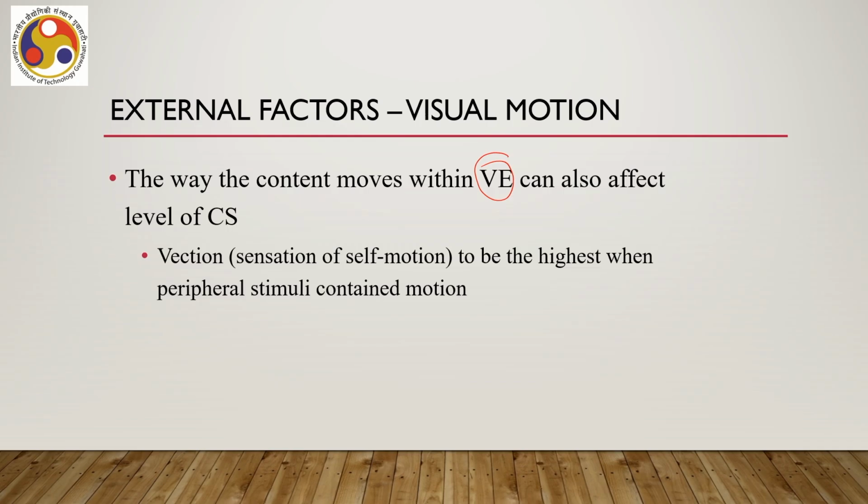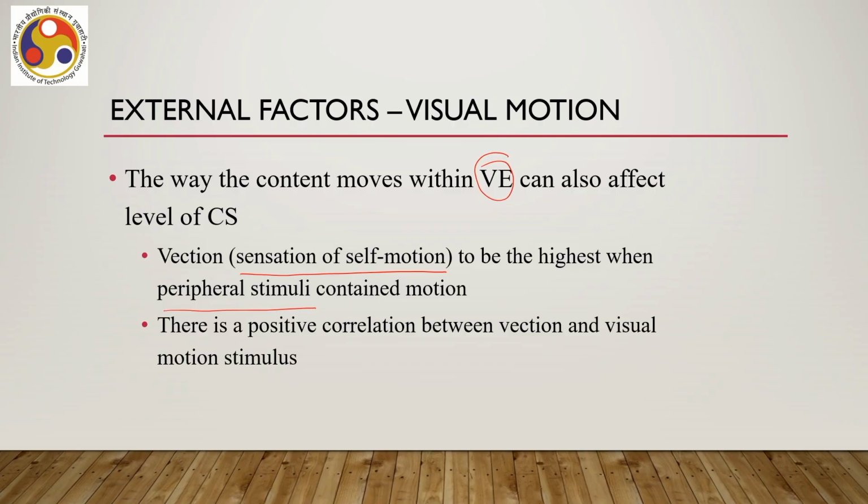Vection, or the sensation of self motion, is the highest when we sense motion in peripheral stimuli. So, if there is motion in peripheral stimuli, then our sensation of self motion or vection is the highest.